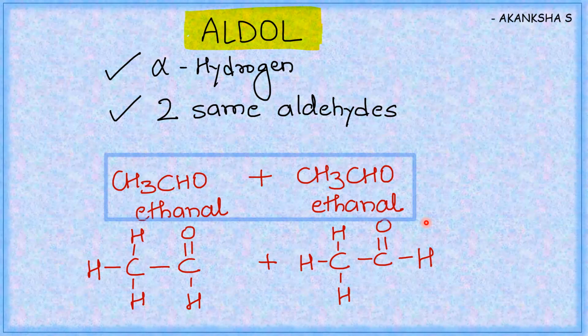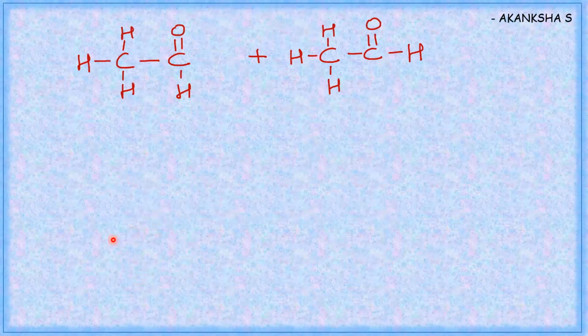When you want that tattoo to be noticed, you are trying to expose it, to show it more so people can notice it. So how does this work over here? You need to expose or show your carbonyl oxygen very precisely. If you show at least one of the aldehydes in this format, the further steps of the mechanism would be easy. So let's take our two ethanals over here.